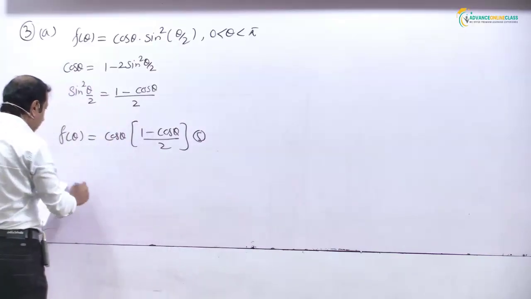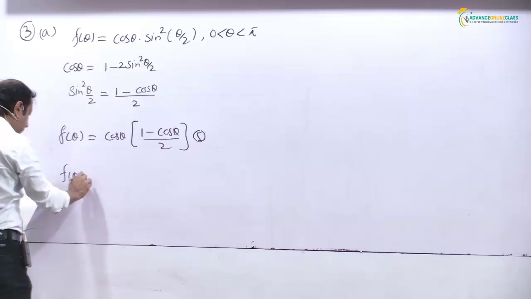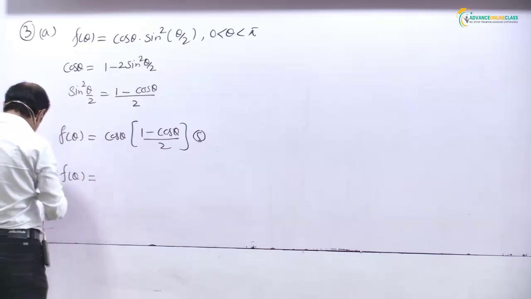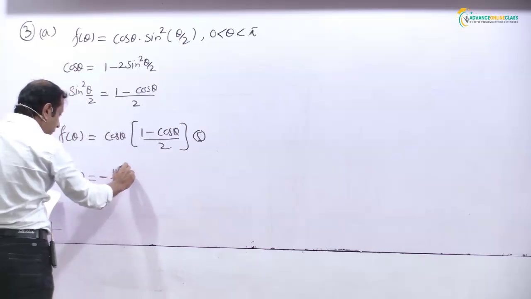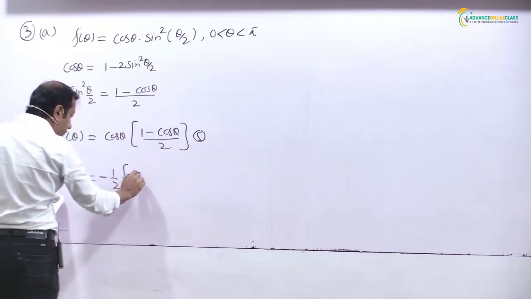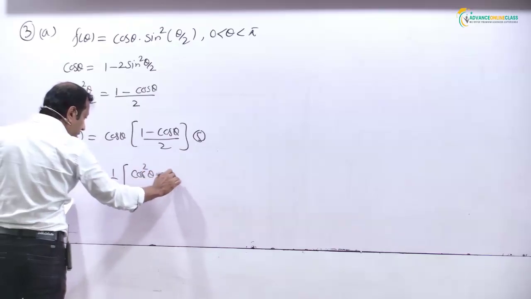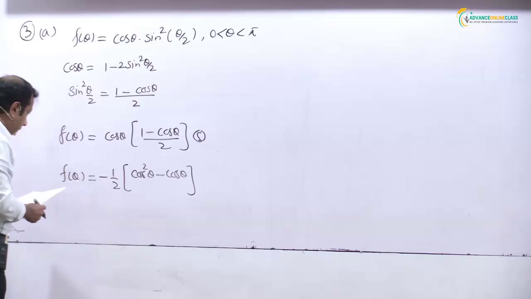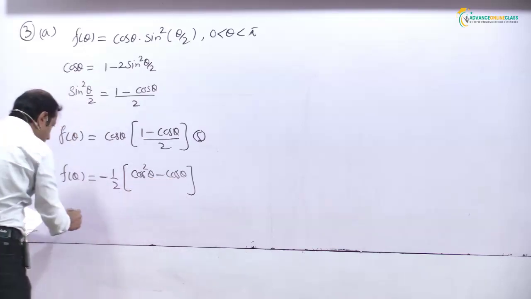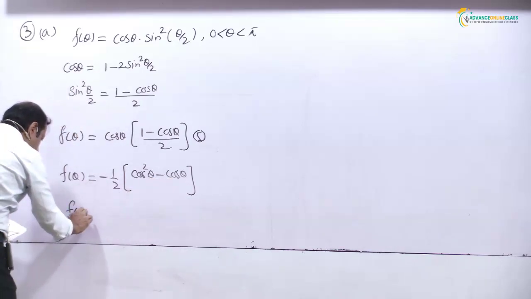Bring this cos theta inside. F theta, I take the minus sign also out: cos square theta minus cos theta. Now here, complete the square of this. Completing the square means what?